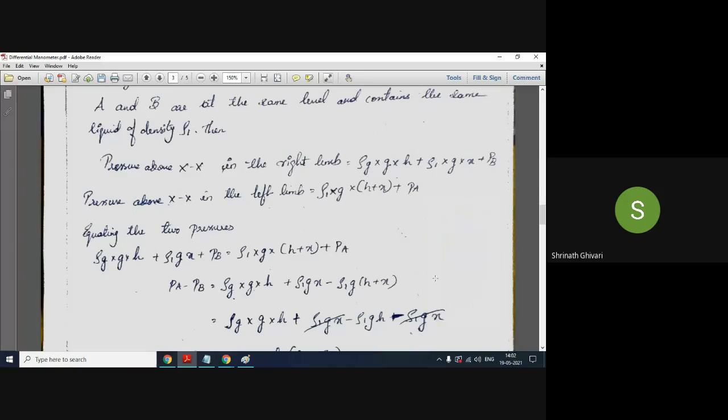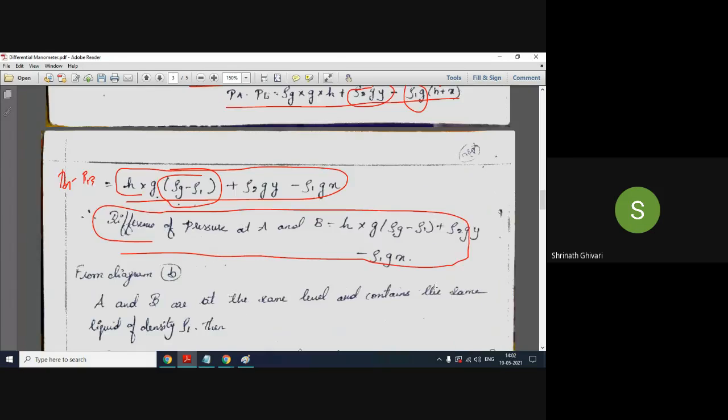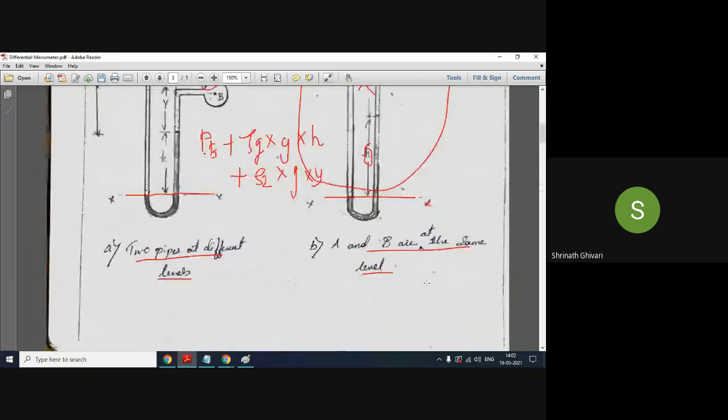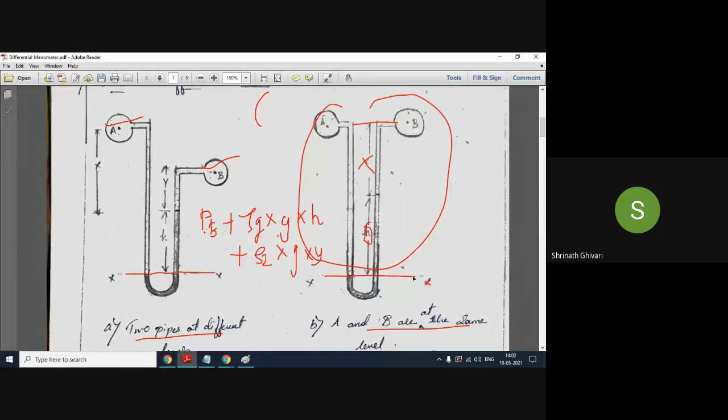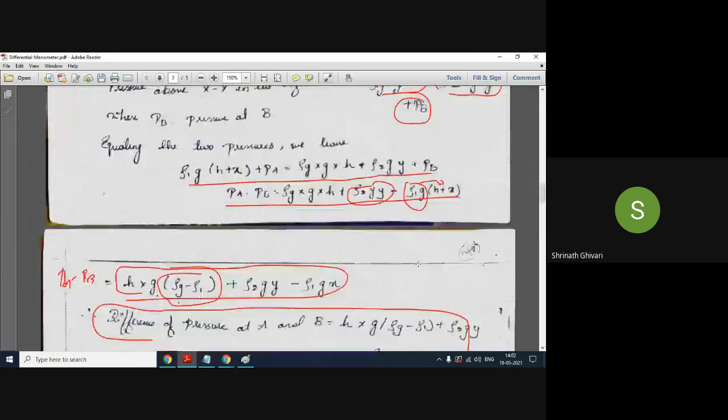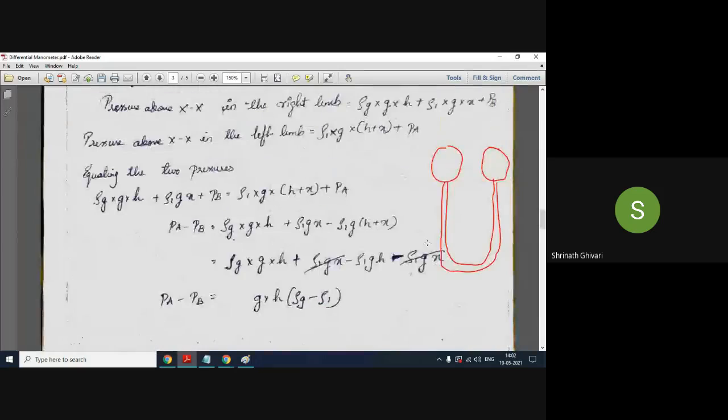Okay, this is a manometer. Now where is H and where is X? This is the level of mercury, and this is the level of lighter liquid.